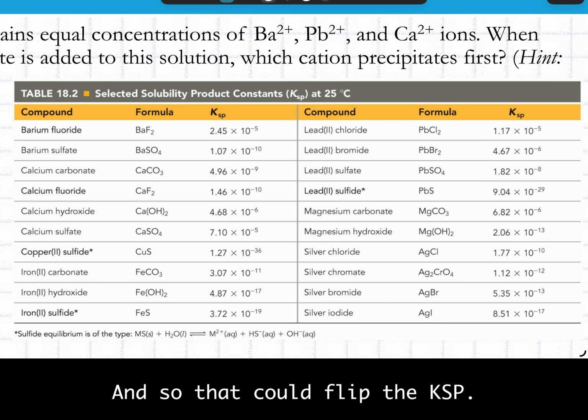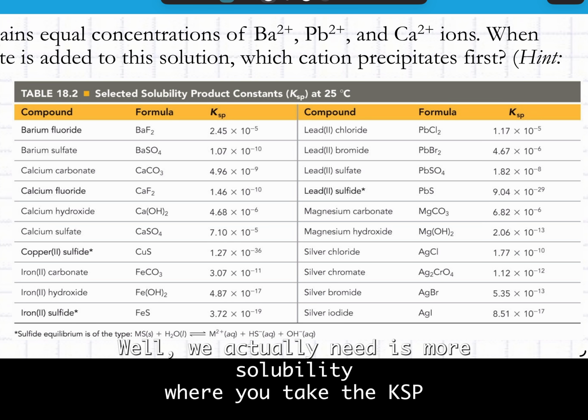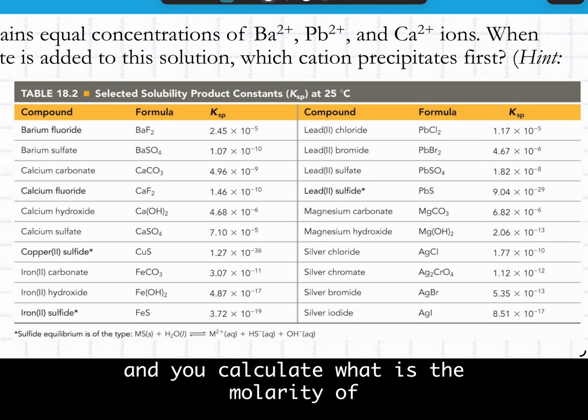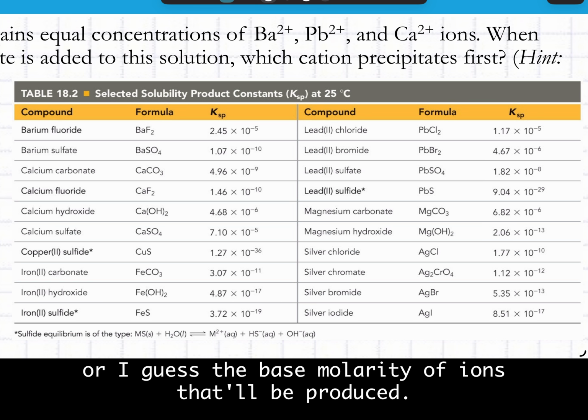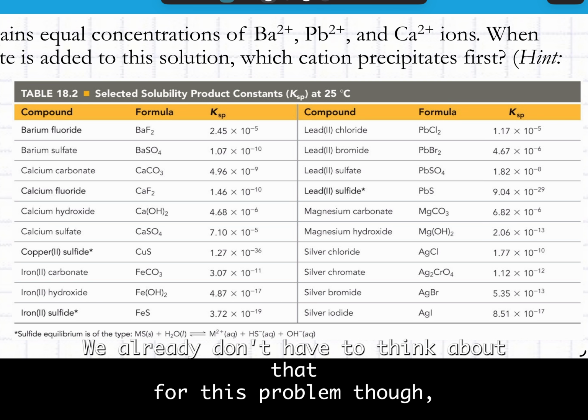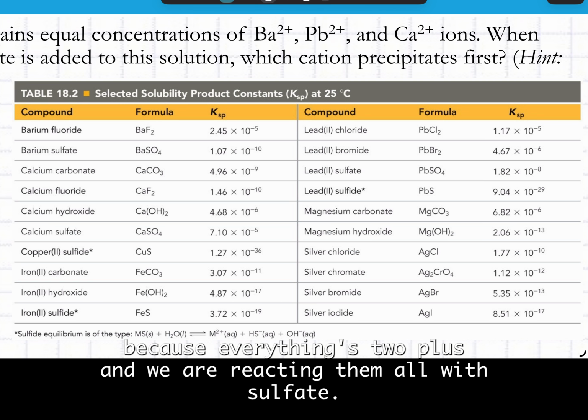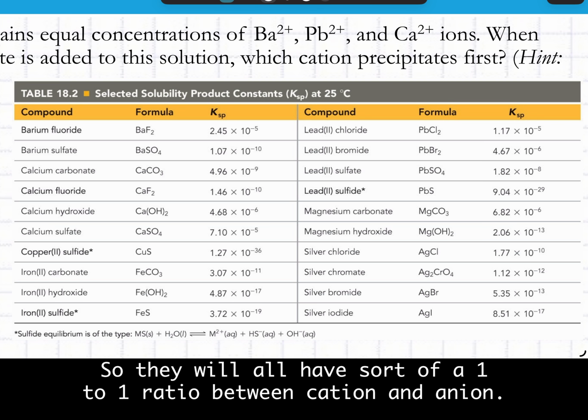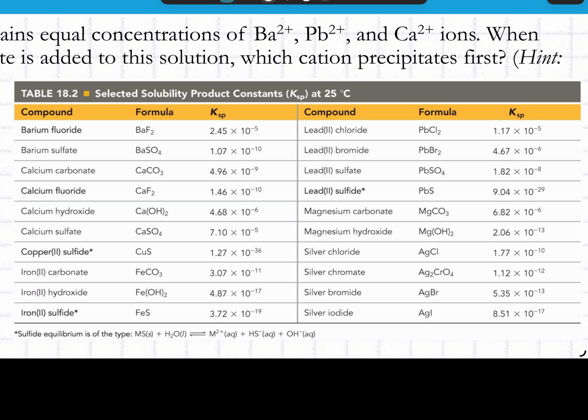And so that could flip the KSP. What we actually need is molar solubility, where you take the KSP and you calculate the base molarity of ions that'll be produced. We already don't have to think about that for this problem though, because everything's 2+, and we are reacting them all with sulfate, so they will all have a 1-to-1 ratio between cation and anion.